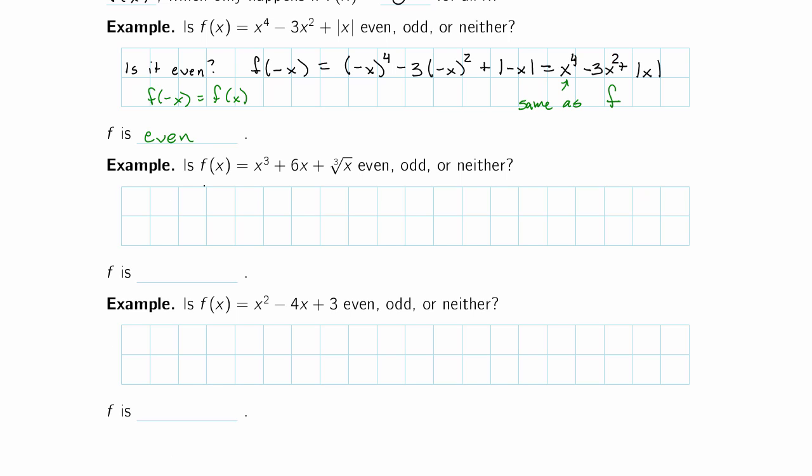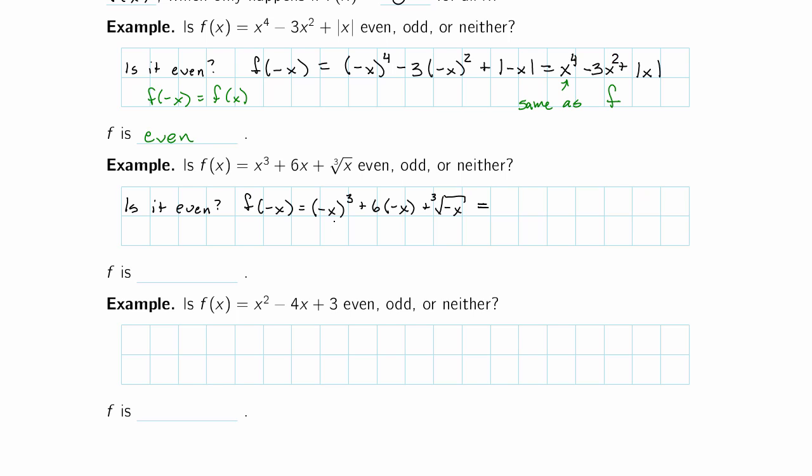Okay. In this next example, we're again going to ask, is it even? We'll take f of negative x, and that'll be negative x to the third plus 6 times negative x plus the third root of negative x.